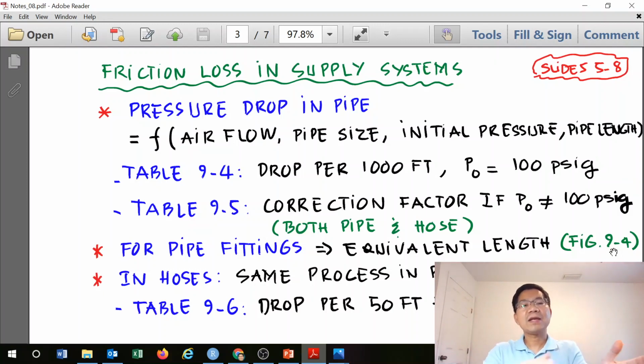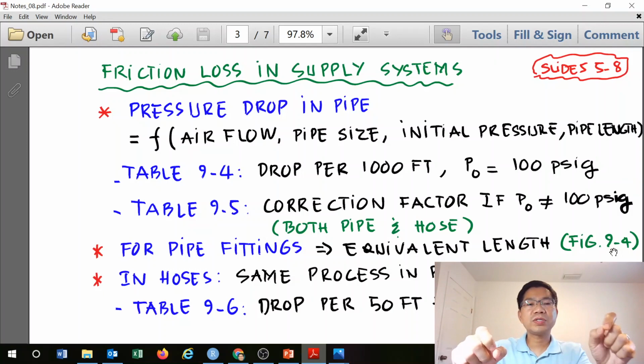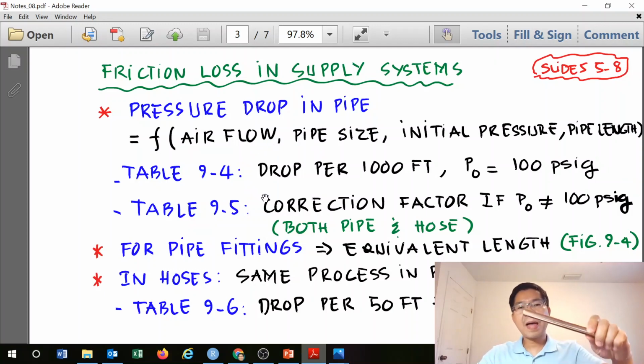And of course, then it goes to the hose before they connect to different construction tools and equipment that use compressed air. Then the same process is used as in pipe, which is, if they have fittings, do the same. If they have a loss throughout the hose, then we use table 9.6, similar to 9.4, but it will be the drop per 50 feet of hose at the pressure of 100 psi gauge.